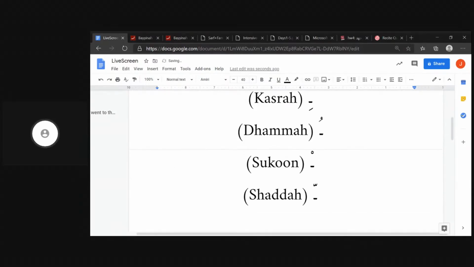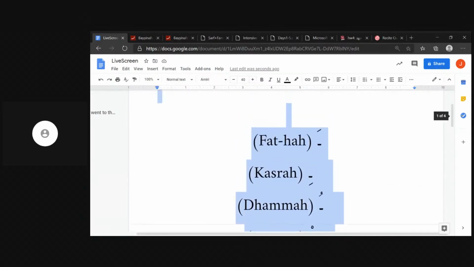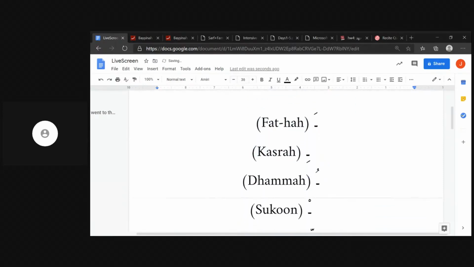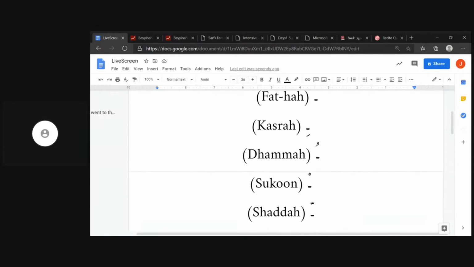If you have the line on top of a letter, that's called fatha, and it makes the ah sound. If you have the line underneath a letter, that's called kasra, and it makes the e sound. If you have this little wow looking symbol on top of a letter, that's dhamma, and it makes the u sound.